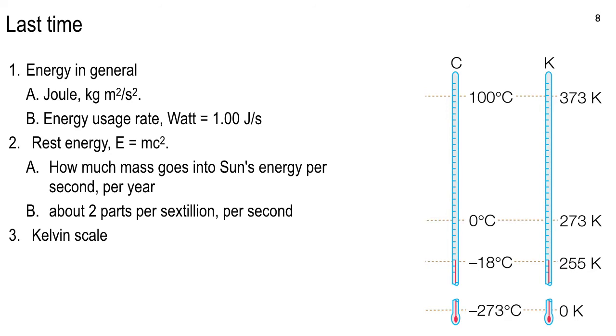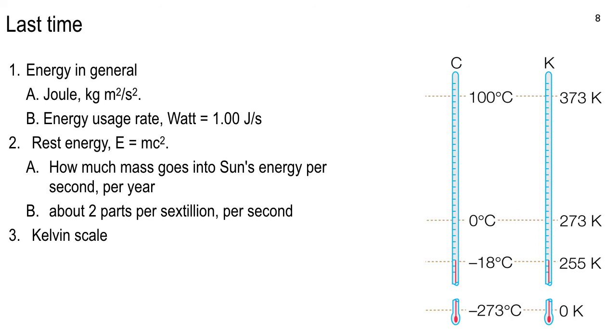And kinetic energy, 1/2 mv squared, is always positive. So the average kinetic energy of the particles in a gas, like the oxygen molecules, CO2 molecules, will also always be positive.